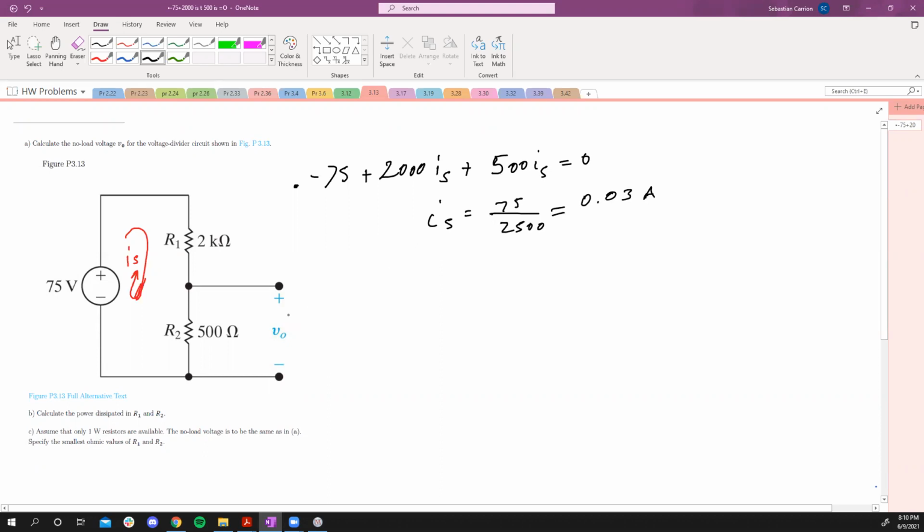All right, so now we want to calculate V naught, the no load voltage.